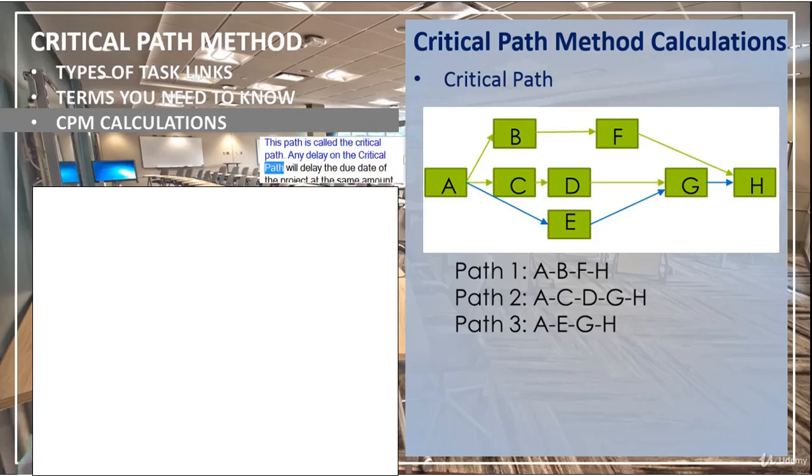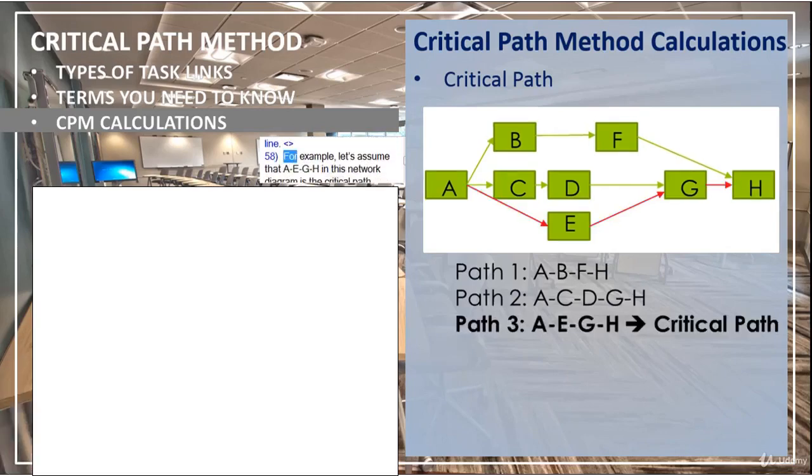Any delay on the critical path will delay the due date of the project by the same amount. Therefore, we need to be careful about each task on this critical path. For example, let's assume that AEGH in this network diagram is the critical path.